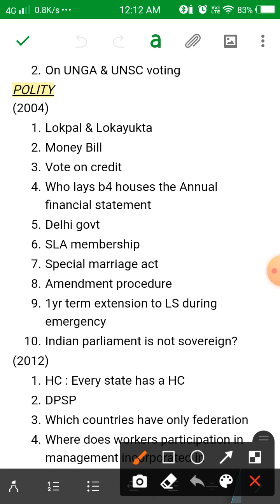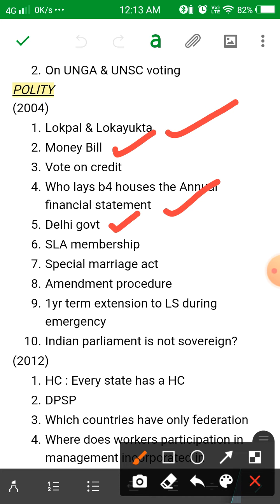So in 2004 we had mostly static, which was related to Lokpal and Lokayukta, money bill, something related to vote on credit, and who lays the annual financial statement before the house. One question was related to Delhi government, like who appoints the Delhi CM, is that president or governor.